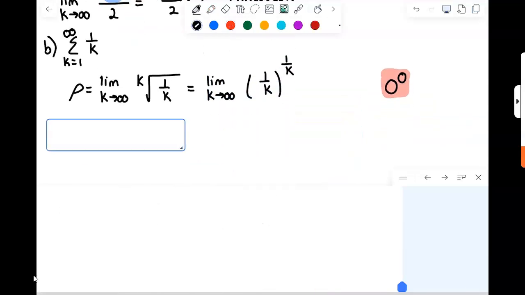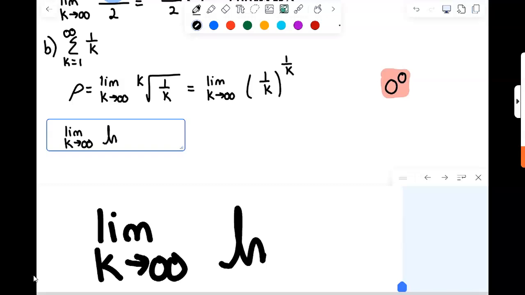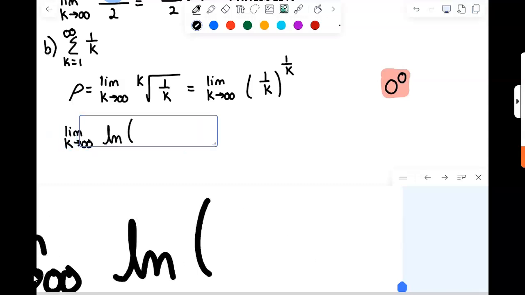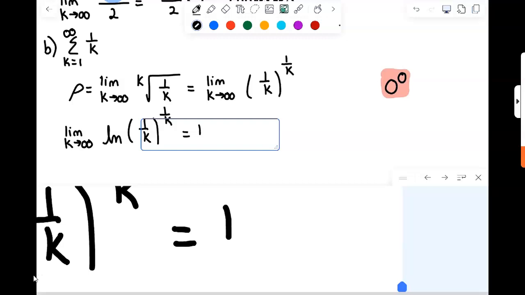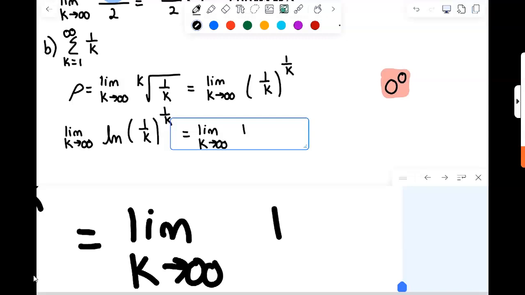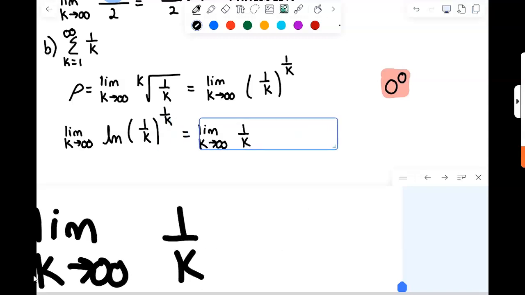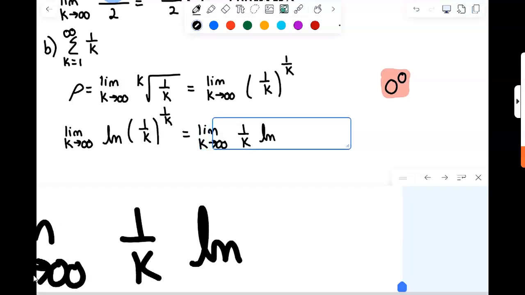So we look at the limit as k goes to infinity of the ln of that stuff, 1 over k to the 1 over k. That transforms into the limit as k goes to infinity of 1 over k times the ln of 1 over k.